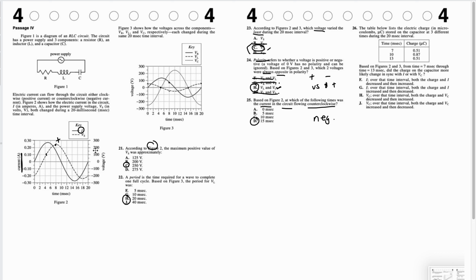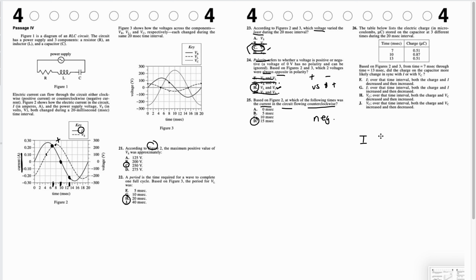If we look at 7, 10, and 13 for I, 7 is about here, 10 is about here, and 13 is about here.